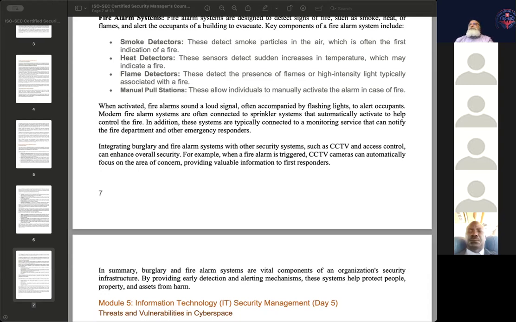Let's say you are in a spaceship or a shuttle in space and you have a fire. If you use CO2, you have a little bit of oxygen and you are about to destroy it.